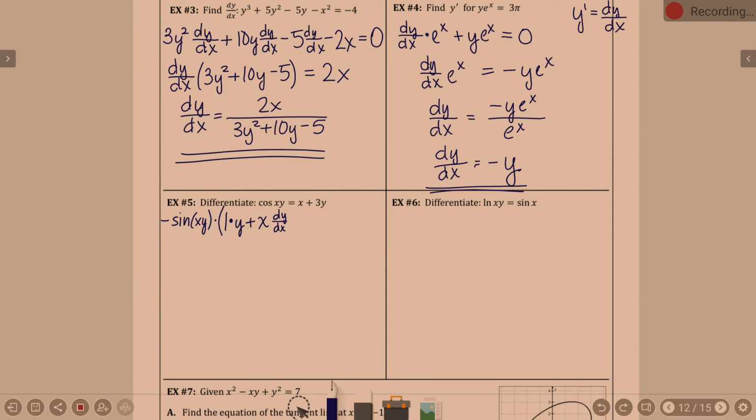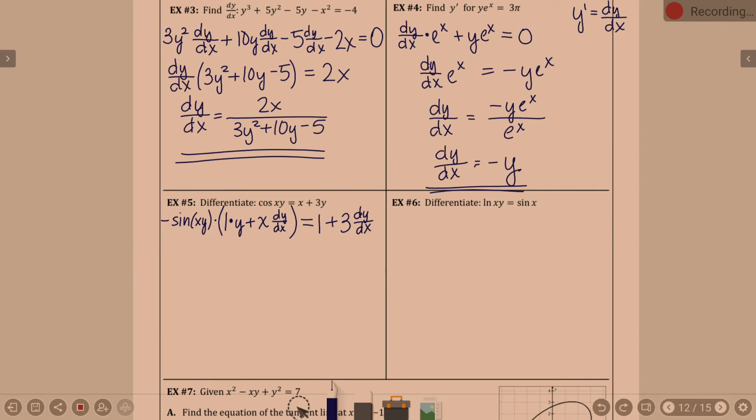Equals the derivative of x, which is 1, plus the derivative of 3y, 3 dy dx. Are we okay with that? Yes. Divided by negative sine xy. Underline it, because that's all we can do.